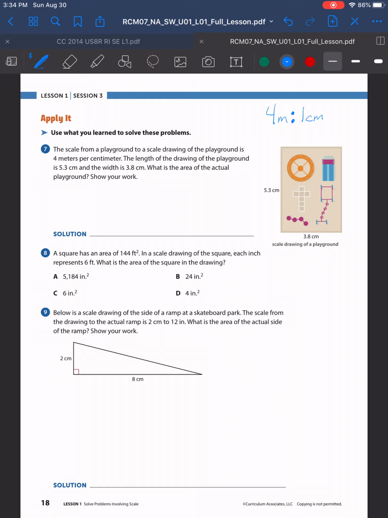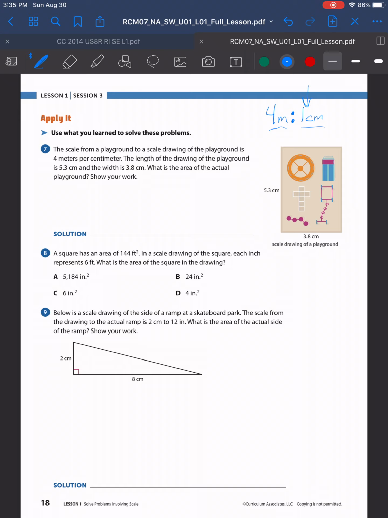Show your work. You know, I think I'm going to go about this the math way instead of making a chart. So what I'm going to do is ask myself, what is the scale factor? Now, the scale factor I know is 4:1. And because it's a unit rate, remember when we talked about unit rates last week? A unit rate is 1 of something.